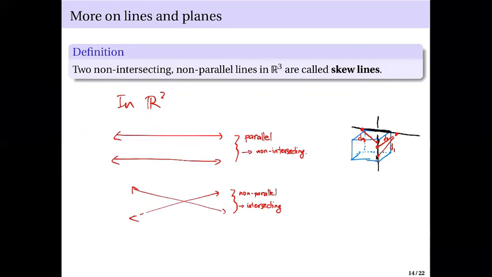And if this plane is parallel to the other line, then the distance between this line and this plane will be the distance between this line and this line here.